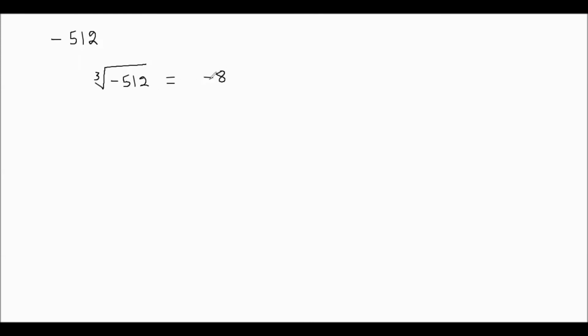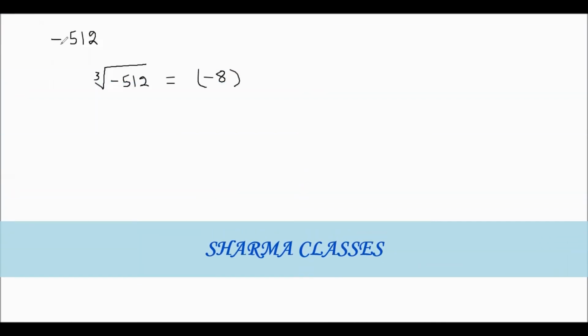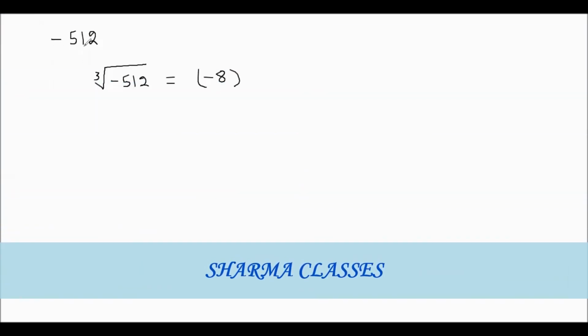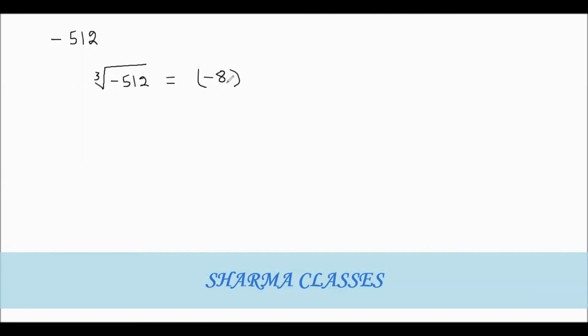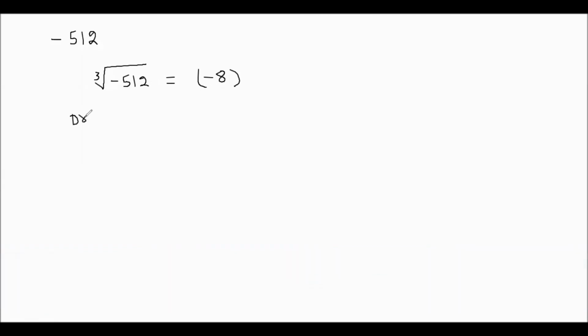So I'll place the minus sign, as per the property that the cube of any negative number is always negative. So if they were asking minus 512, my answer will be minus 8. If they ask 512, my answer will be 8. Either this, or I can write minus 512 equals minus 8 cube.